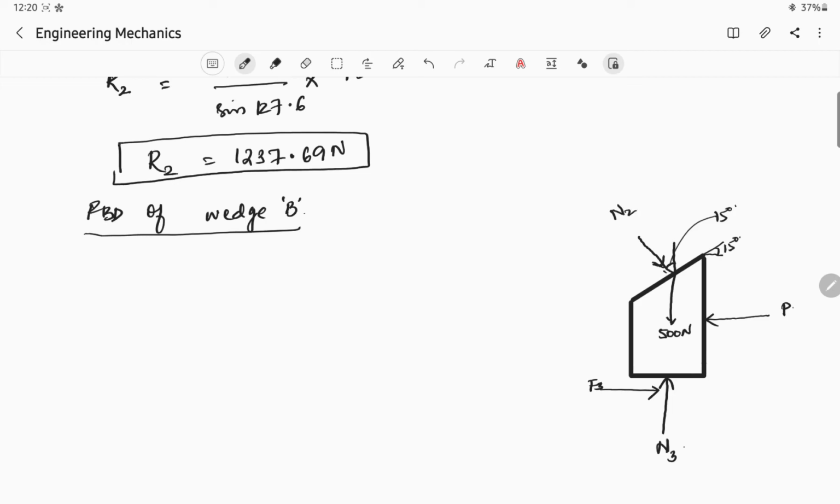N2. What about the frictional force? Since the block is moving to the left side, the frictional force will act in this direction. This will be F2. So what about R2? This is R2, and R2 actually will come exactly here.